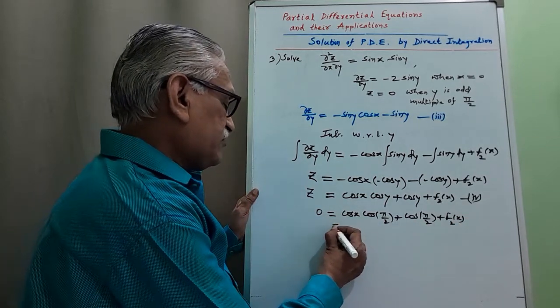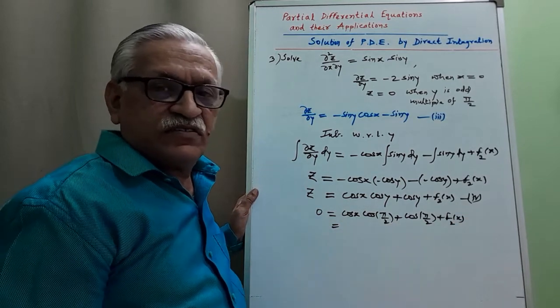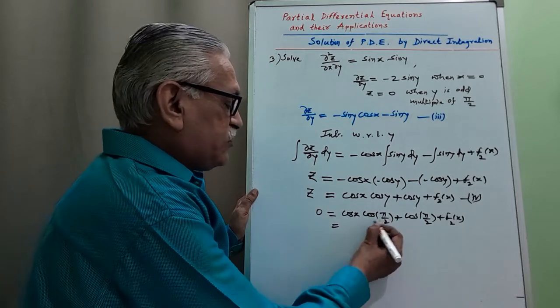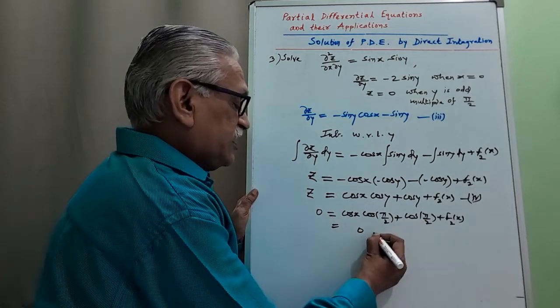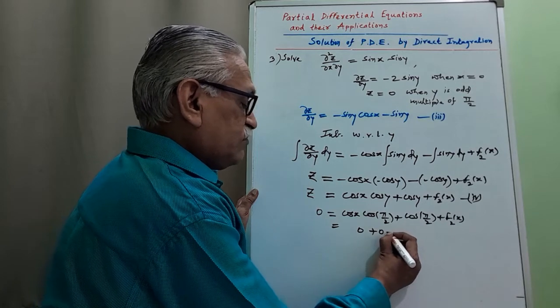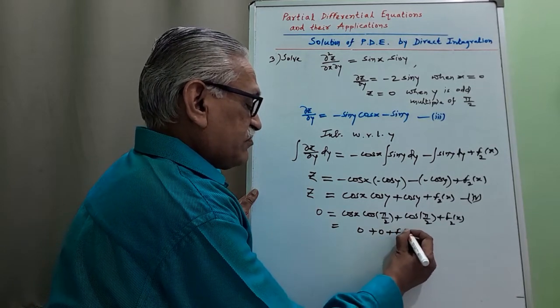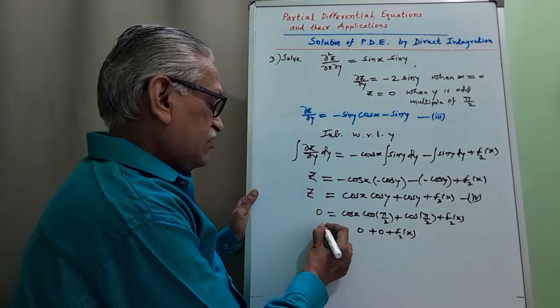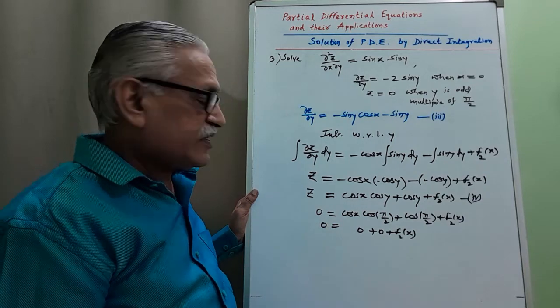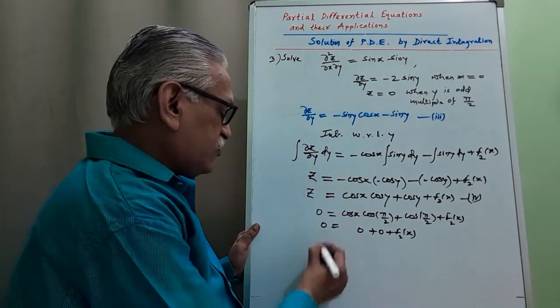As we know, cos pi by 2 is 0, therefore the first term is 0, the second term is also 0, plus f2 of x. We get this one.